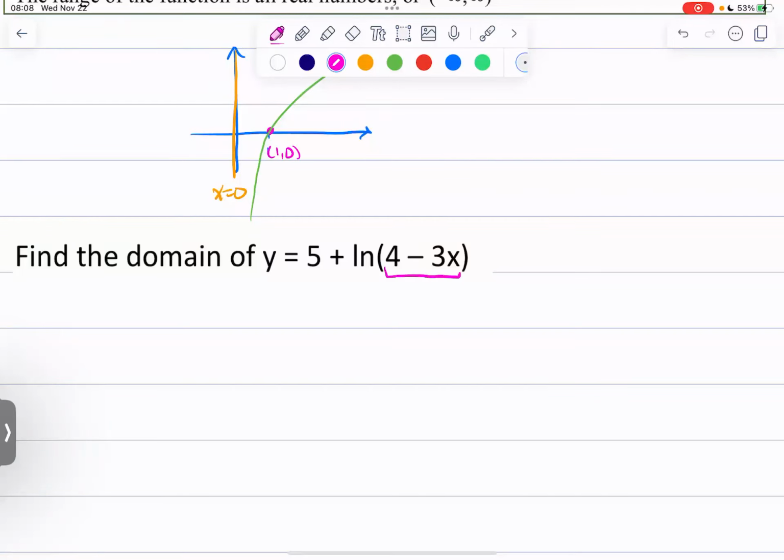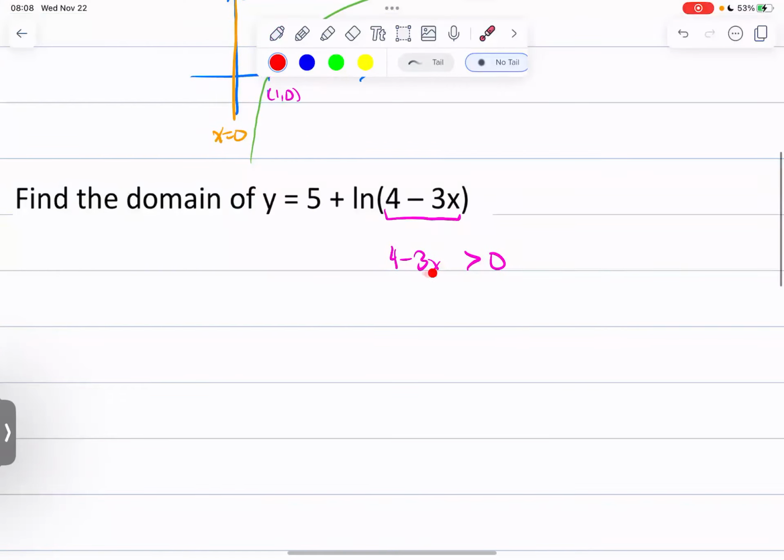So this 4 minus 3x has to be greater than 0. The other portion, the 5 plus, can just be 5. That's fine. So it's only the inside of the log that we're concerned with.